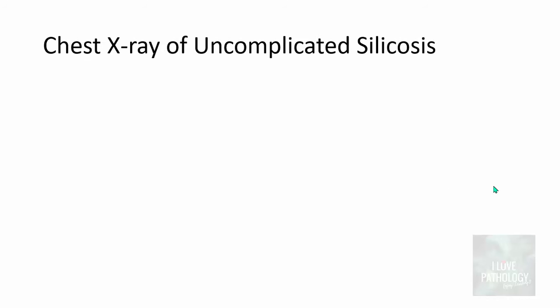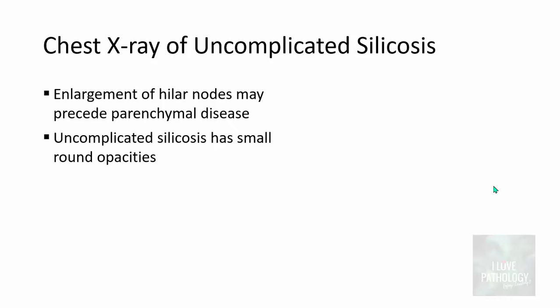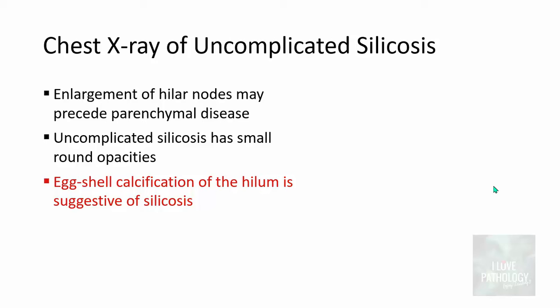So what are the X-ray findings of uncomplicated silicosis? Initially, there will be enlargement of hilar lymph nodes, which basically precedes the parenchymal disease. Uncomplicated silicosis has very small round opacities as a radiological feature. If you find an eggshell type of calcification as described earlier, that is very suggestive of silicosis.